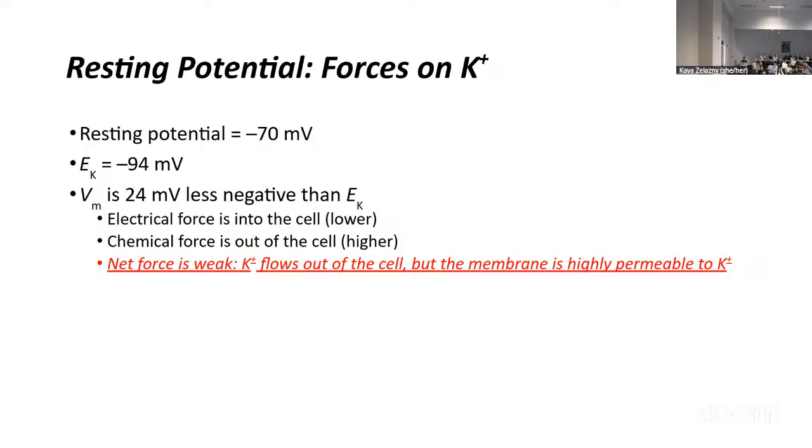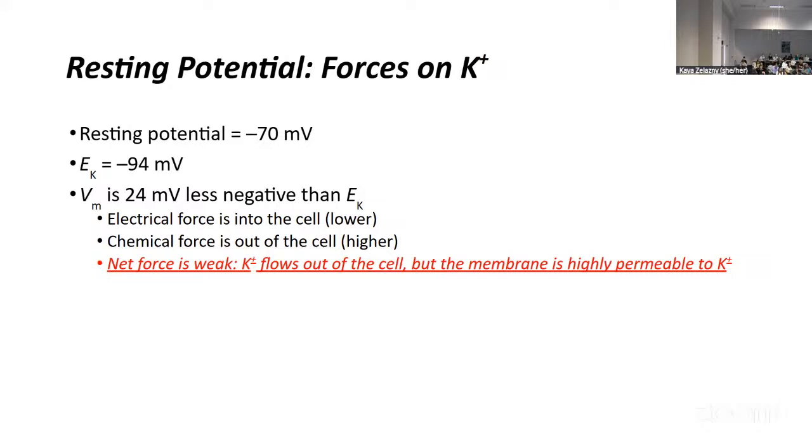Okay. So we can see that at the resting membrane potential of -70, we have an electrical force into the cell, right? So we have those positive charges attracted towards that negative charge in the cell.